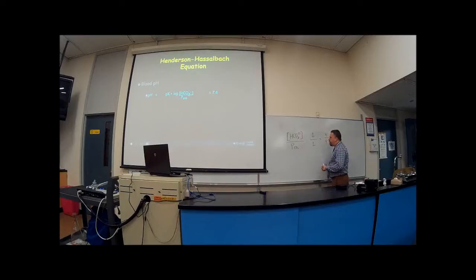If we have bicarb, and for some reason the bicarbonate goes down, it decreases to 2, then what must the PCO2 do to make this back into 1? Go down. Then this has to go down to 2. Does that make sense?